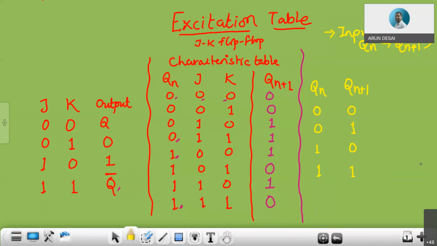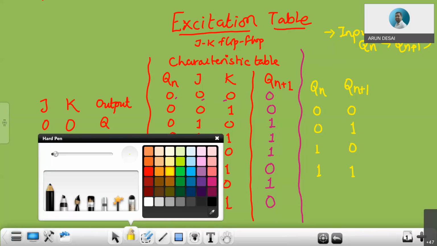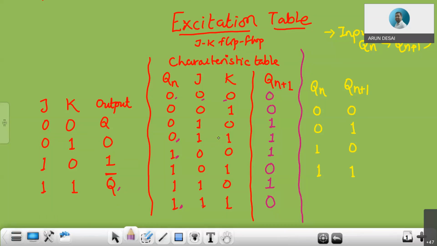So this is basically a combination of previous and current output. Based on the current output and the next output, we are going to find the input combinations that we require, right?